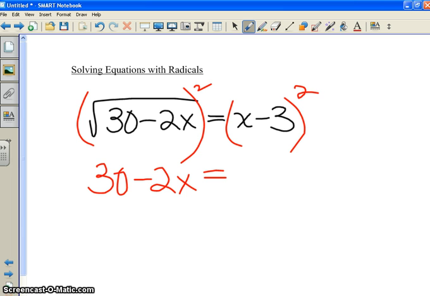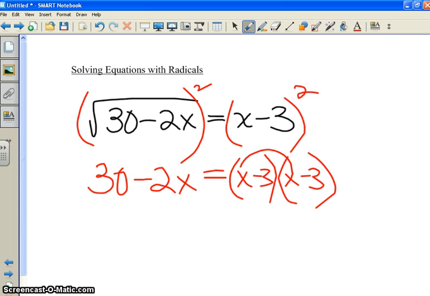So I'm going to square the right side, which means I'm going to have to multiply this by itself 2 times. So we're going to have to do the double distributing. X times x is x squared, minus 3x minus another 3x makes minus 6x plus 9.